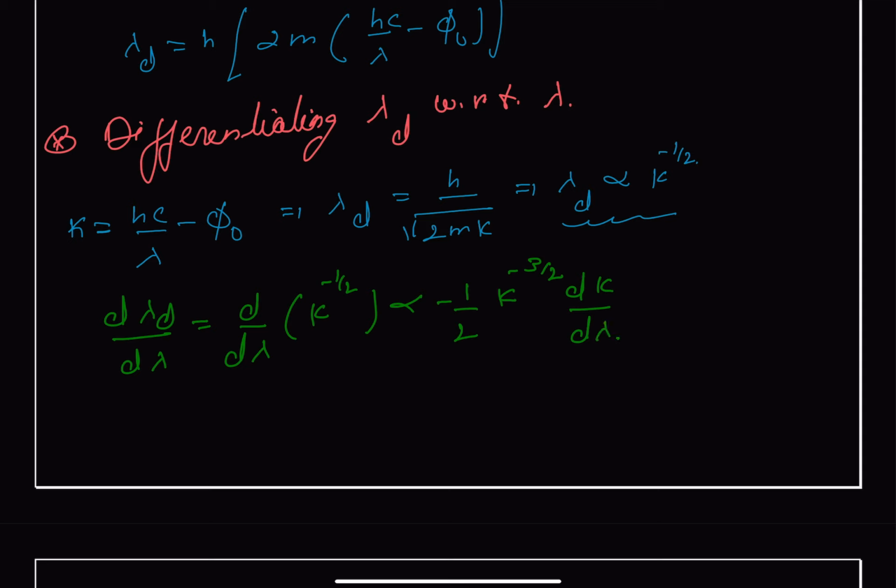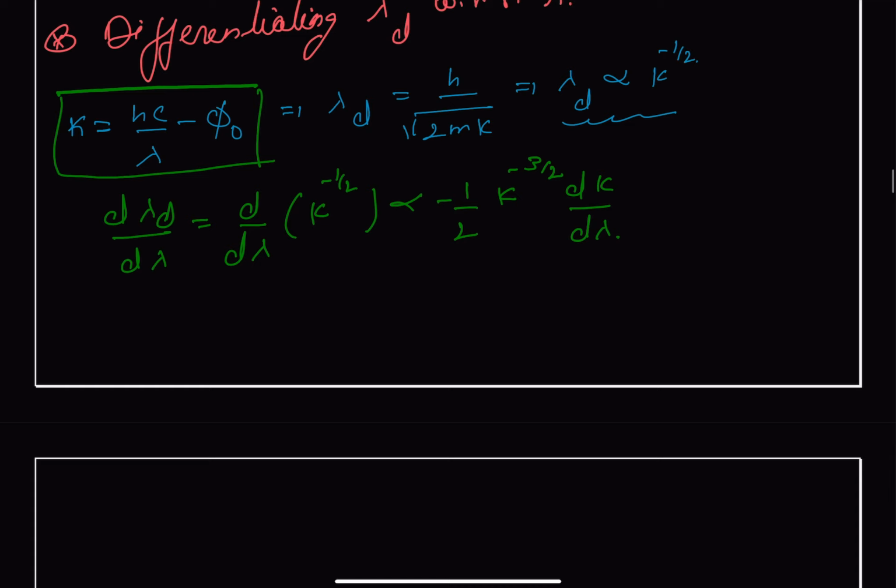If we differentiate K with respect to lambda, hc and phi naught are constants, and we get dK by d lambda equal to minus hc upon lambda square.